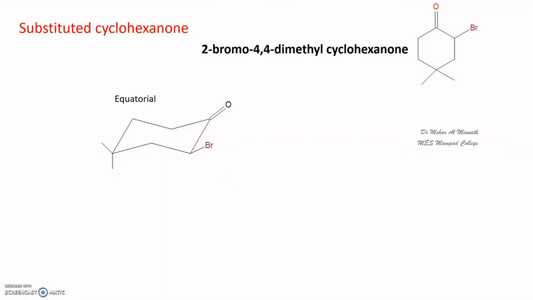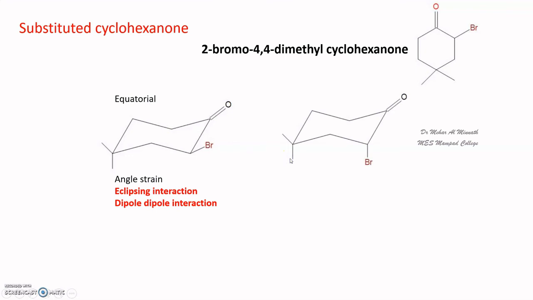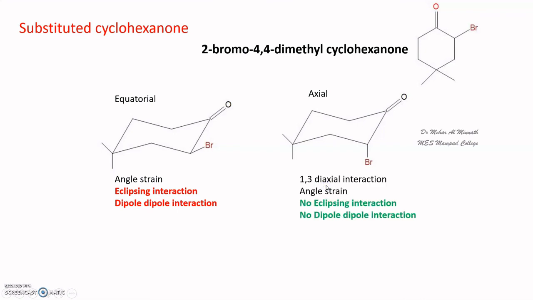Now, this is the equatorial form. There will be angle strain, eclipsing interaction, and dipole-dipole interaction. Now, when we write the axial form, there will be angle strain, but there will not be any eclipsing interaction and no dipole-dipole interaction. There will be angle strain and 1,3-diaxial interaction.